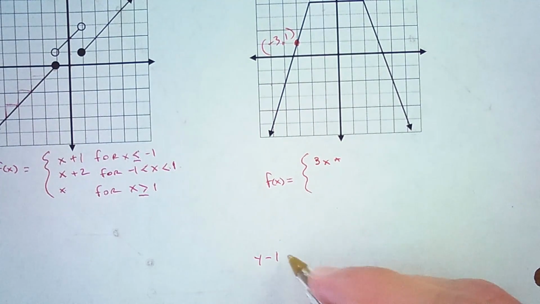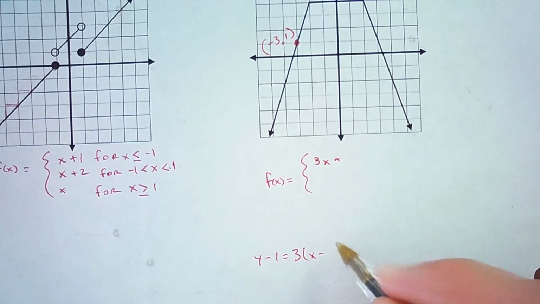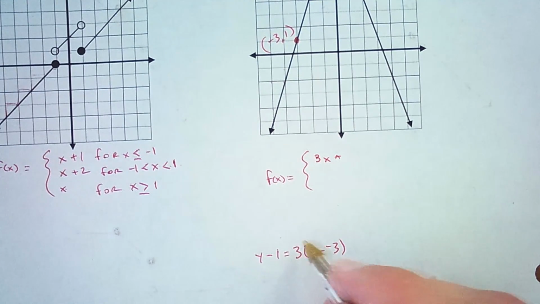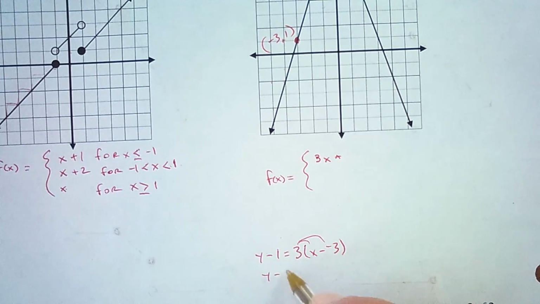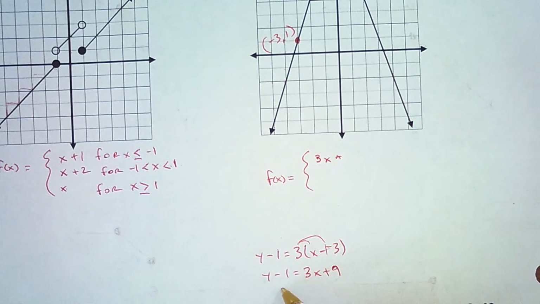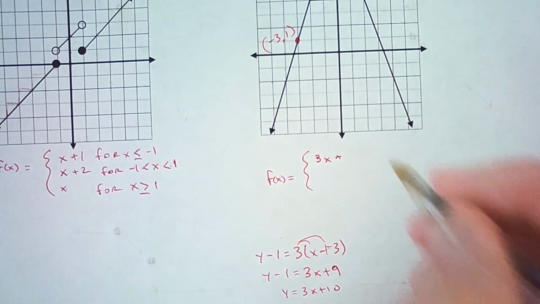So y1 would be 1 equals m, the slope, which is 3, times x minus x1, which is -3. So when I distribute, I get y minus 1 equals 3x, and then minus negative is really plus, so plus 9. And then we're going to add that 1 and get y equals 3x plus 10.